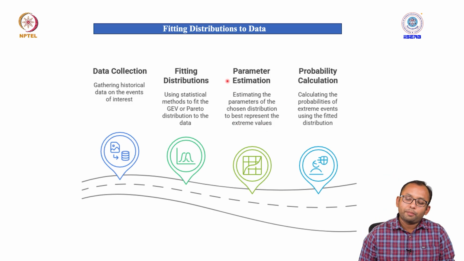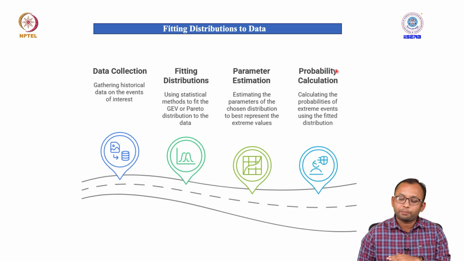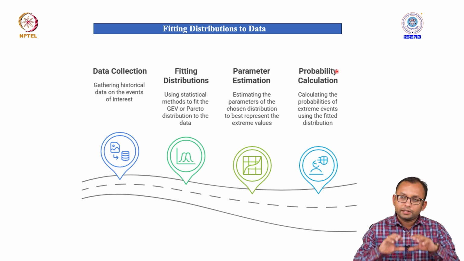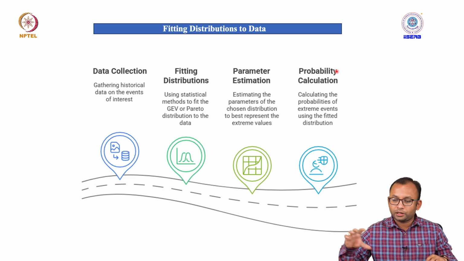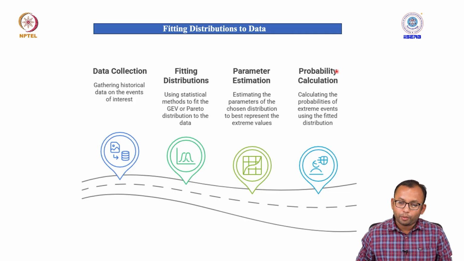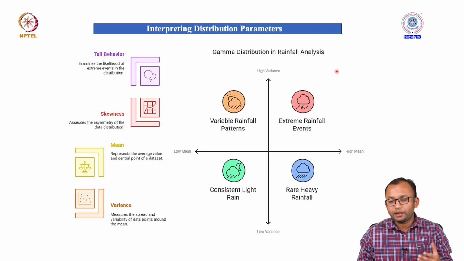Once the parameter estimation has been quantified, we select that specific type of probability distribution function to calculate the probabilities of different events occurring in that particular time series data set. This is the general flow of methodology when we apply probability distribution functions to different types of data sets.